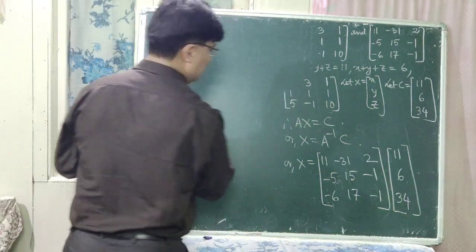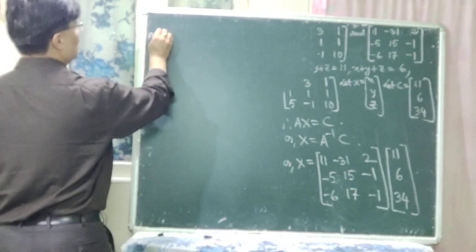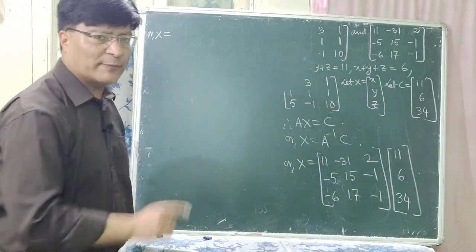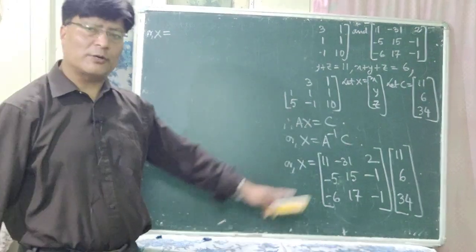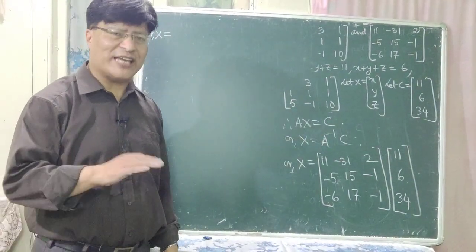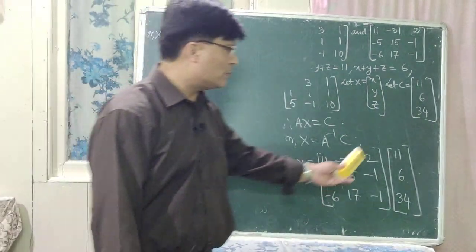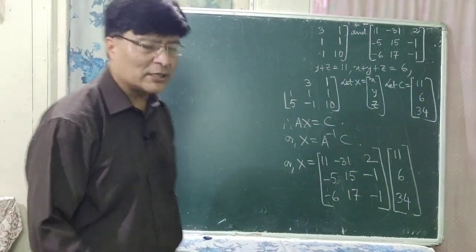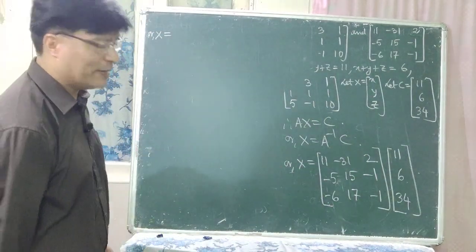Now you can multiply these two matrices. For the first matrix, the number of columns is equal to 3, and for the second matrix, the number of rows is equal to 3. The number of columns equals the number of rows, so you can multiply these two matrices.